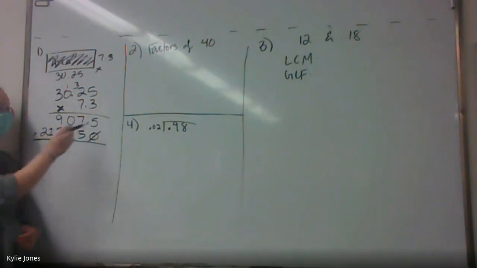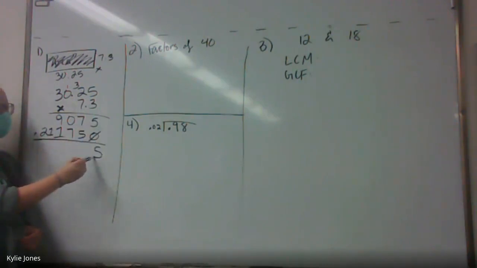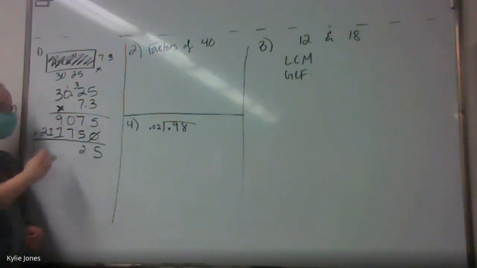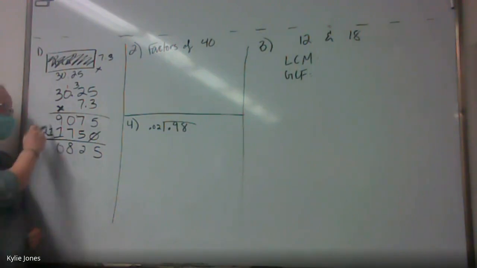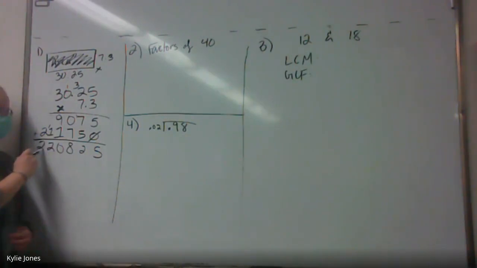We can add now. What's 5 plus 0? 7 plus 5? Well, carry 1. 1 plus 7? 8. 1 plus 7. 1 plus 9? 10, carry 1. 1 plus 1? And 2.